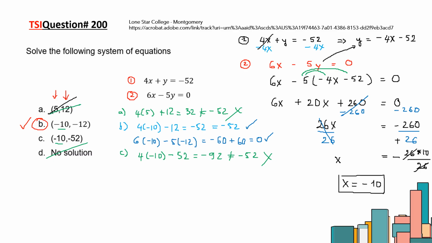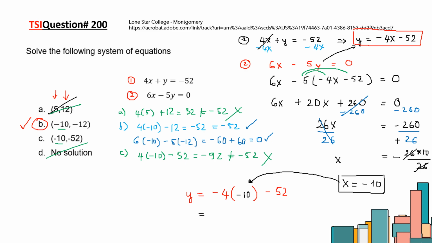So we continue to find y. To find y, remember our first equation, right? We already solved for y in terms of x, so now I will use it. My y will be equal to negative 4x minus 52, and my x value here is negative 10.